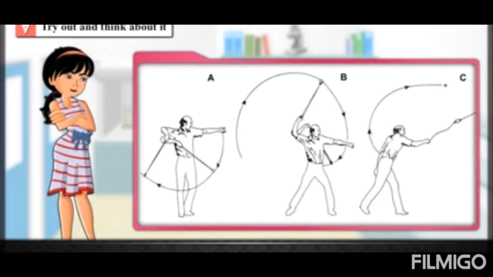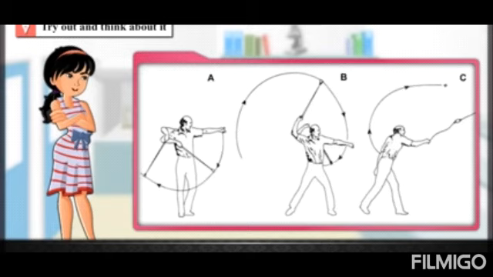Similarly, if I have a thread with a sling or a weight bound to it, and I move it in a circular path, as you can see in diagrams A, B and C, the sling keeps on rotating in a circular motion, and that will be called what? If the speed remains the same, if the object comes to the same point again and again in a per unit time, and the time remains the same, then it will be called uniform circular motion.